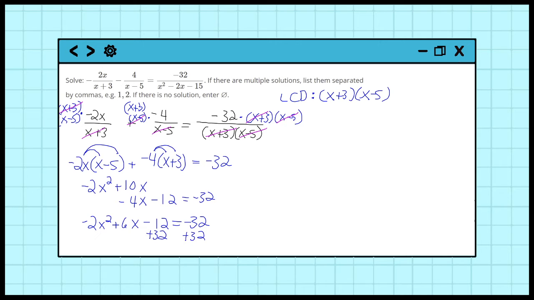This gives me the updated equation: negative 2x squared plus 6x plus 20 equals 0. Now, I see here that we have a greatest common factor that is 2 or negative 2.